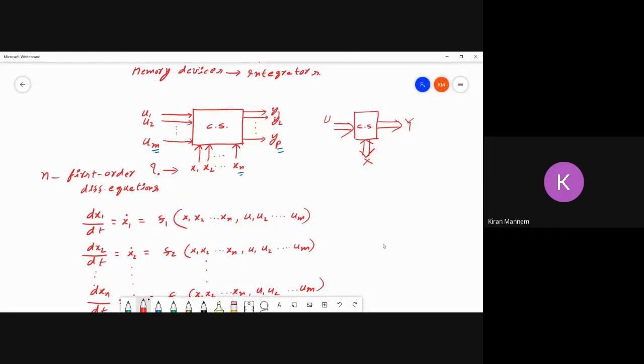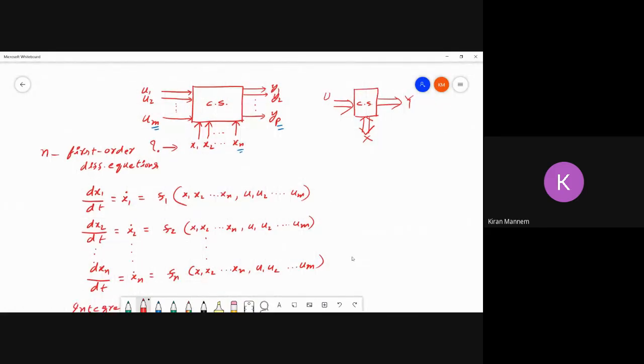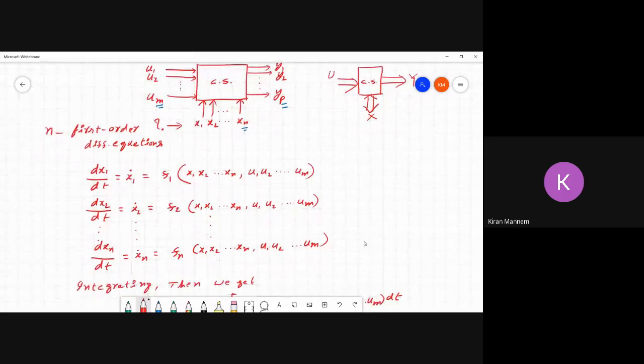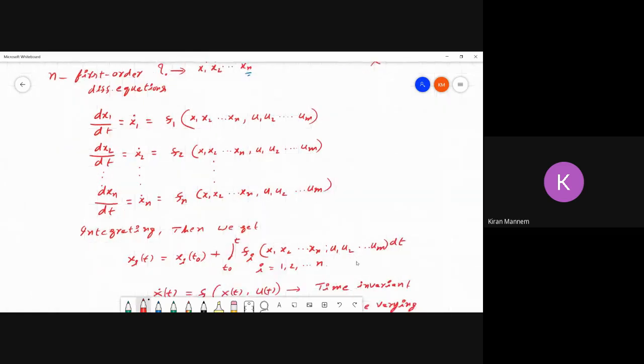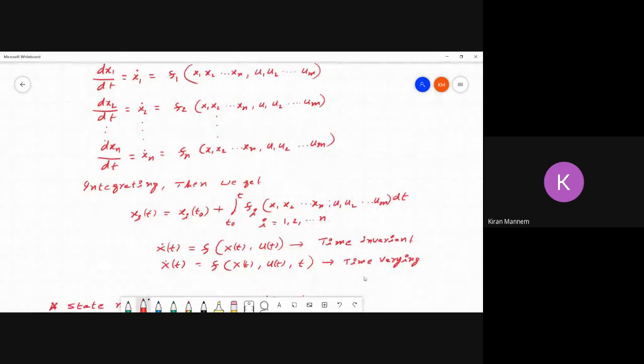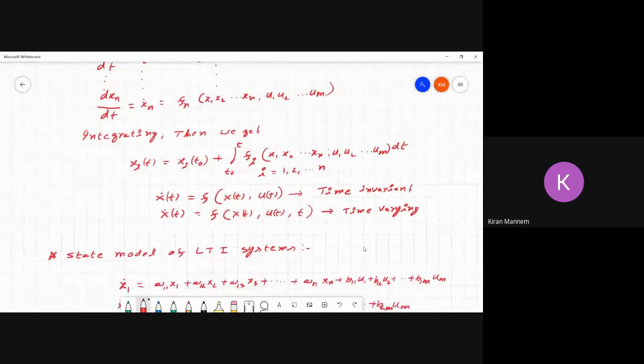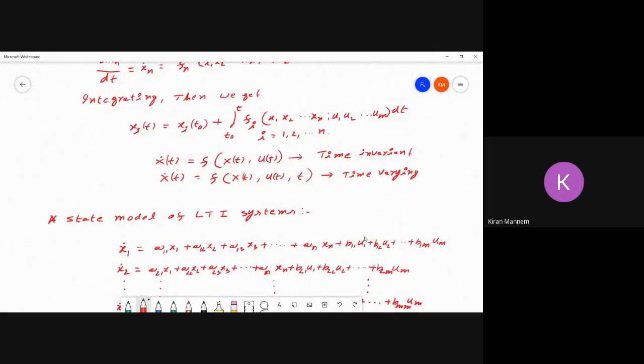And generally, these state variables are represented by n first order differential equations. So we represented all the first order state variables. Then we have a function of x of t and u of t. Since we are very much interested in LTI systems, we applied this to our LTI system.